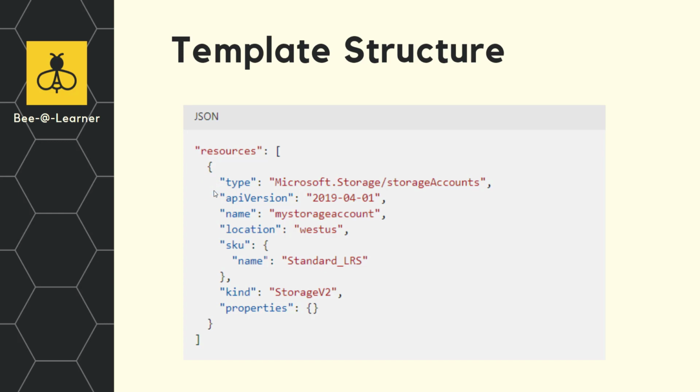This is what I'm trying to do and this is the version I need to use to perform the action, and then you can pass some of the required parameters such as the name, location, resource group, and things like that, like SKU and other properties if you want to.